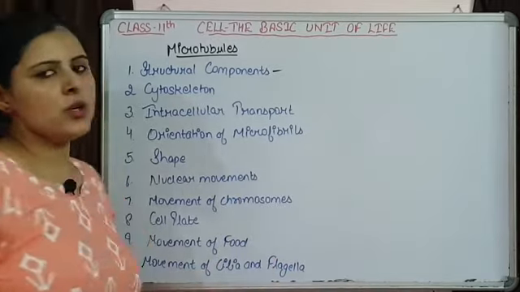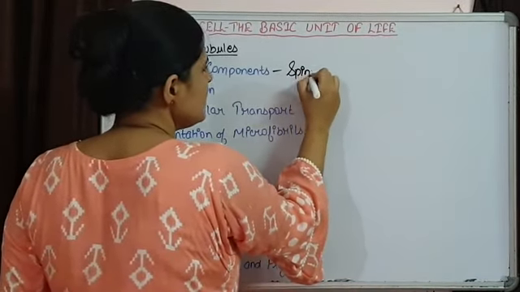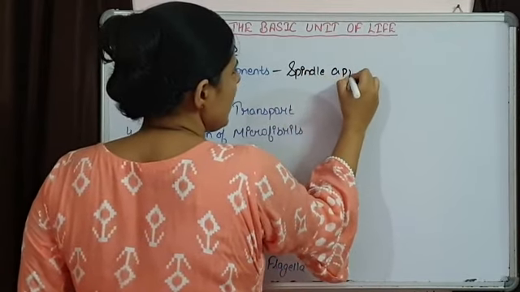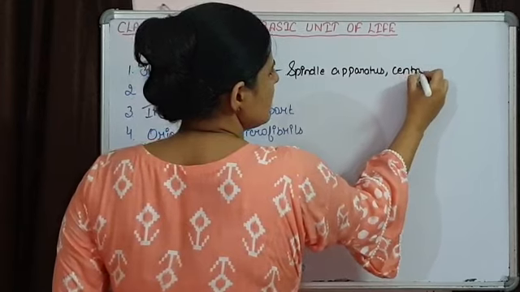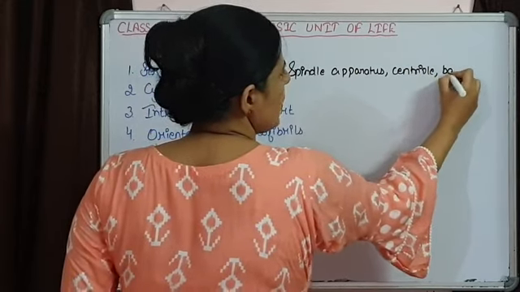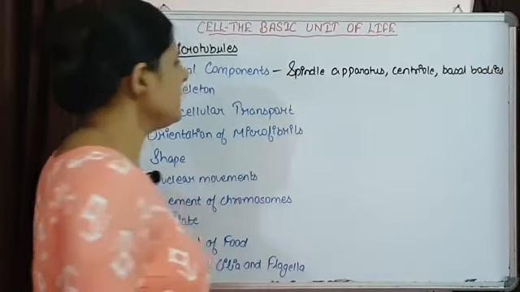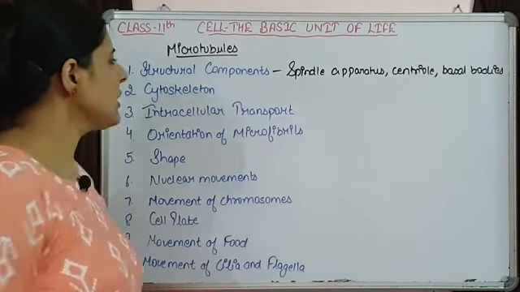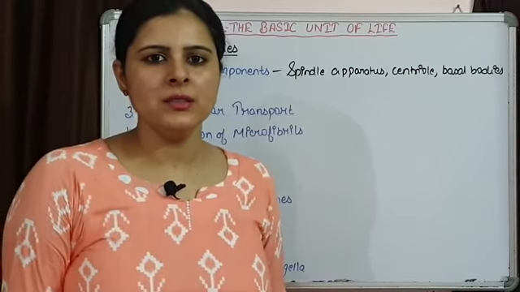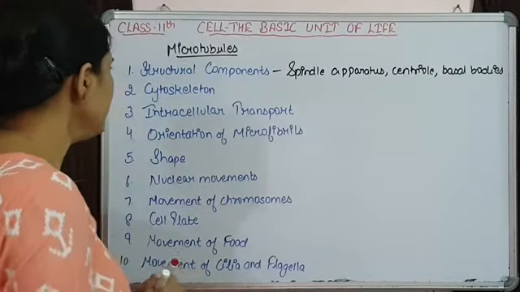Now these are the constituents of spindles, we have already seen. These are the constituents of spindle apparatus, centrioles, basal bodies. So various structural components are formed by these microtubules. Now they are providing cytoskeleton because they are helping in maintaining the integrity of the cell.